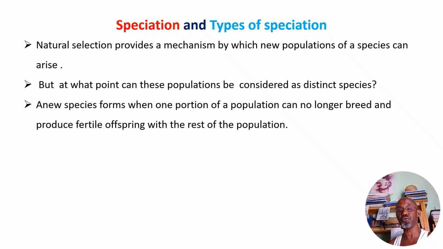If it could reproduce, it would produce viable and fertile offspring. If you bring them together and allow them to reproduce, they can't. What does it mean? They are now reproductively isolated.